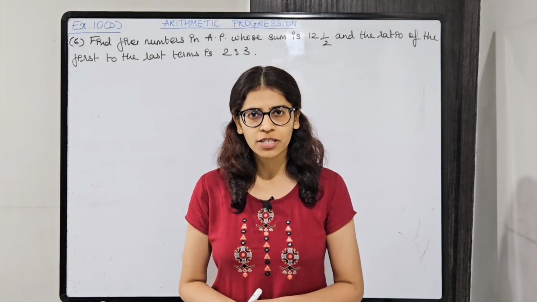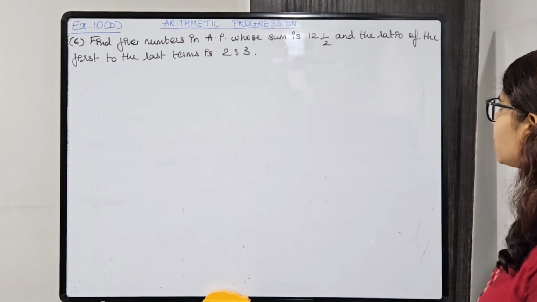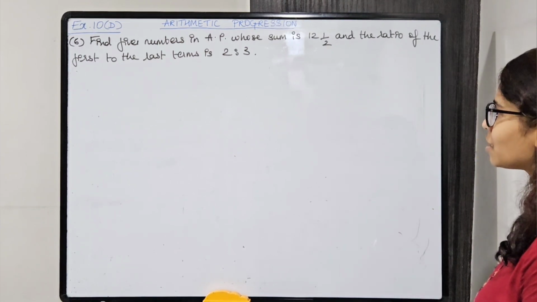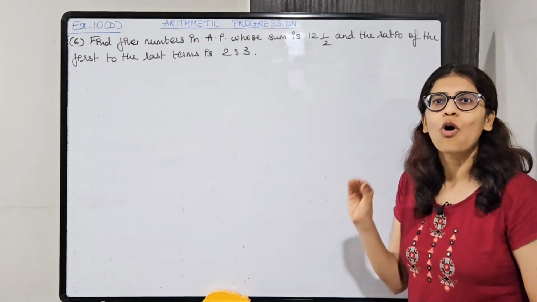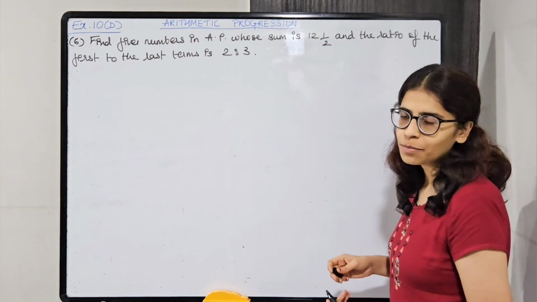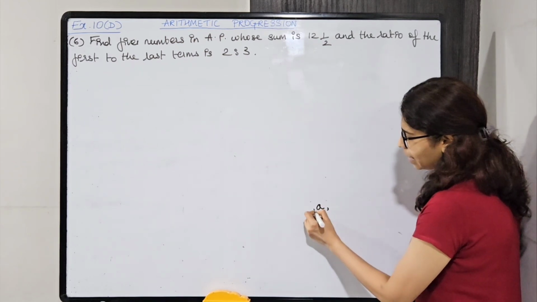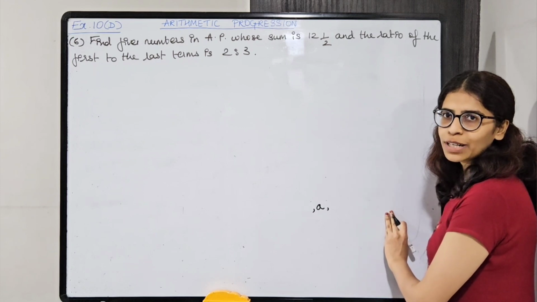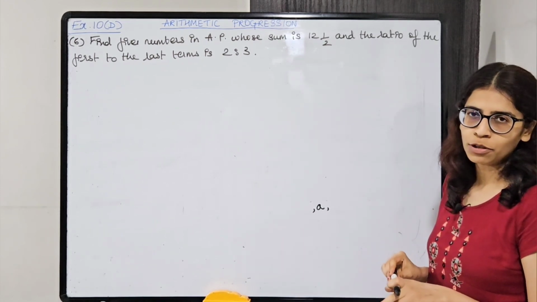Next question, question number 6. Find 5 numbers in AP whose sum is 12.5 and the ratio of the first to the last terms is 2:3. There are 5 numbers, so odd number of terms, right? So for odd number of terms, the middle term will be A, and on the right-hand side you keep on adding D, on the left-hand side keep on subtracting D, depending on the number of terms.